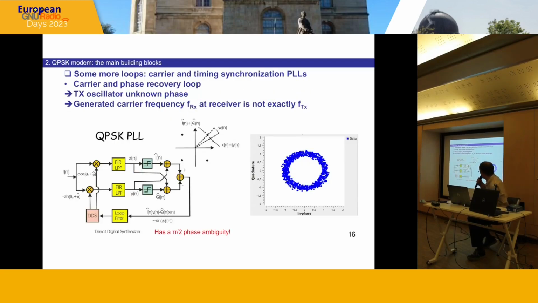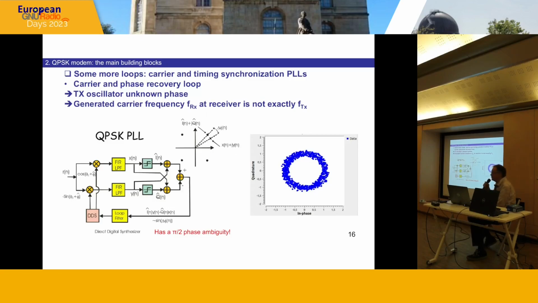So now, some more loops, talking about loops all the time. We need 2 more loops: the carrier synchronization loop and the timing loop. These are PLLs, phase-locked loops. The carrier and phase recovery loop is the one represented here for QPSK.